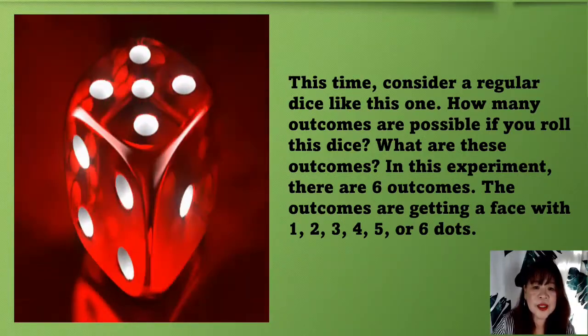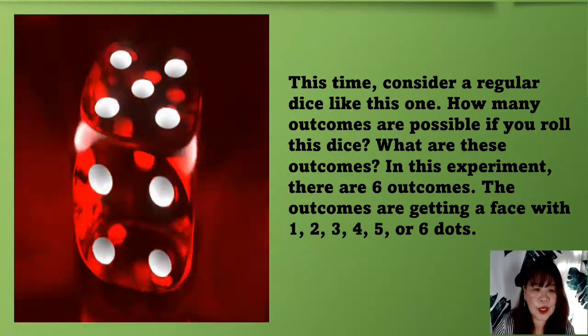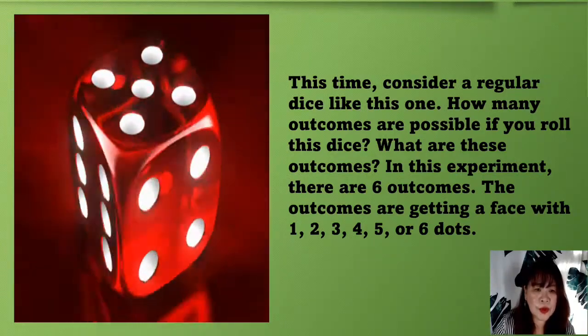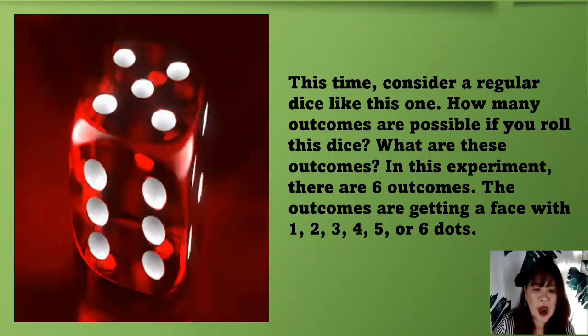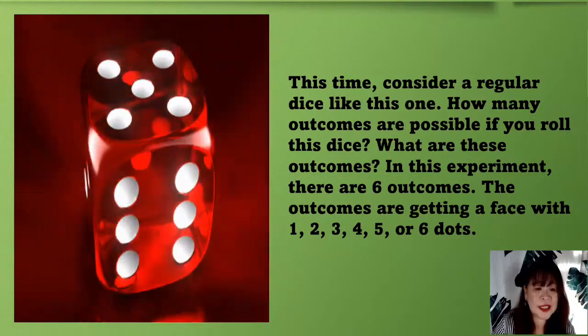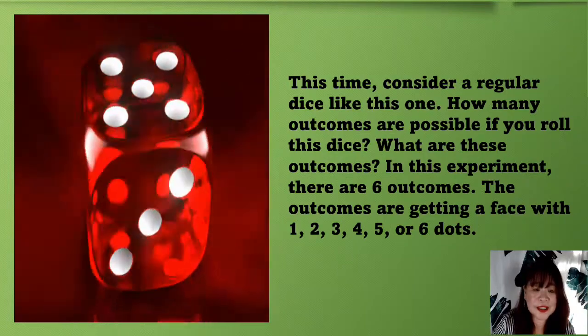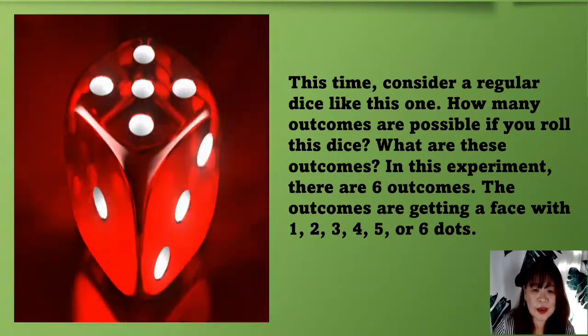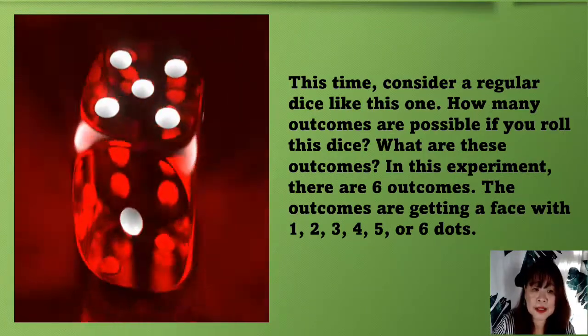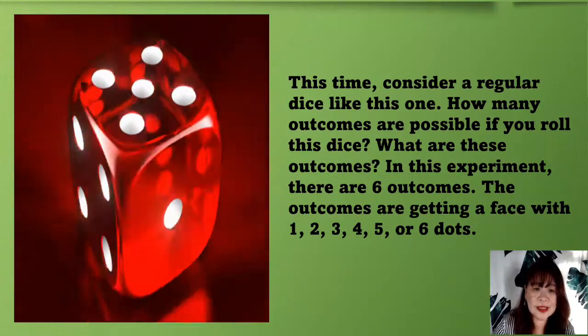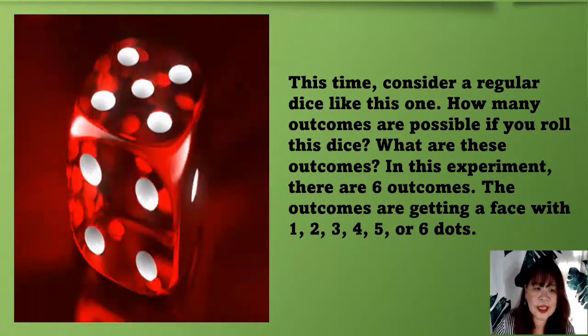Why? The outcomes are getting a face with 1, 2, 3, 4, 5, or 6 dots. Because there are 6 faces with dots. So that's why there are 6 possible outcomes that you can get if you roll this dice.